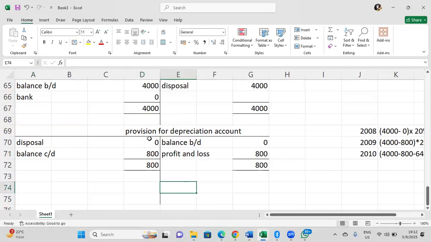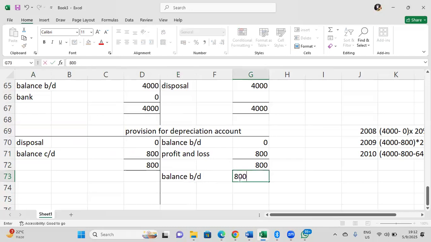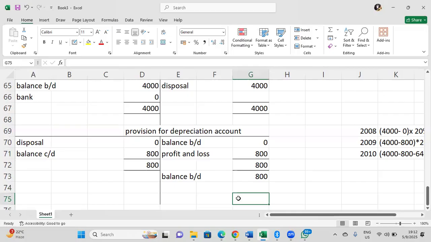The balance CD is the balancing figure. By now we have an idea on balancing a T account. Then the CD becomes the balance BD next period. So the 800, we bring it down to become the balance BD next period. Always, the CD for this year is the BD next year. The first year was 2008. Now we are in the year 2009.